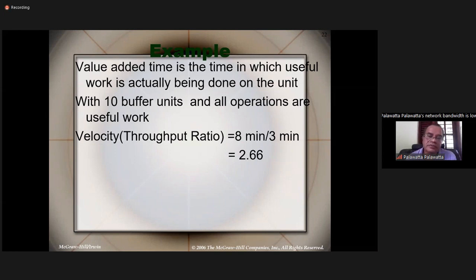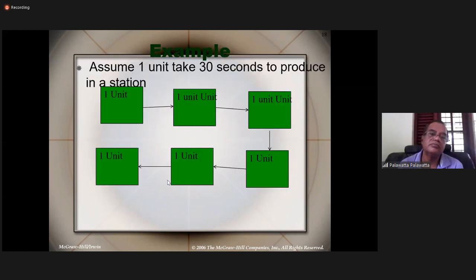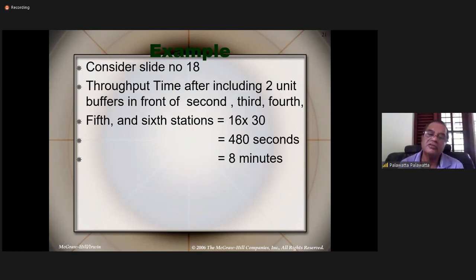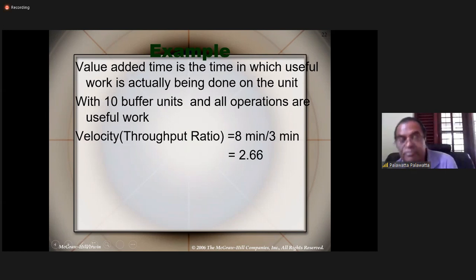So the best velocity is 1. If we calculate velocity for this situation, throughput time is 3 minutes, value-added time is also 3 minutes, and 3 minutes divided by 3 minutes gives you 1. If inefficiency occurs, velocity becomes larger than 1. So here 2.66 is a highly inefficient production line.